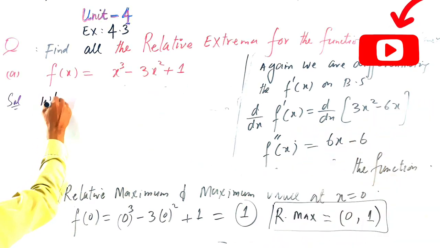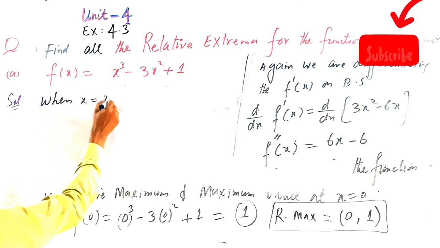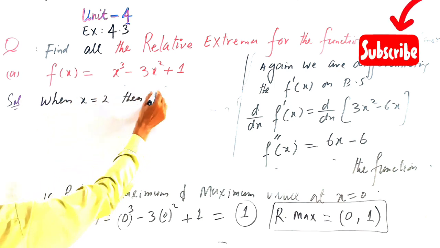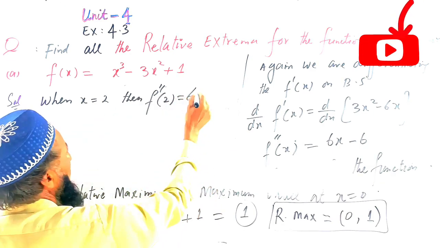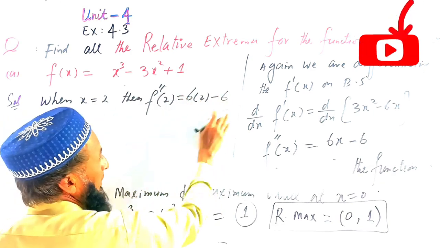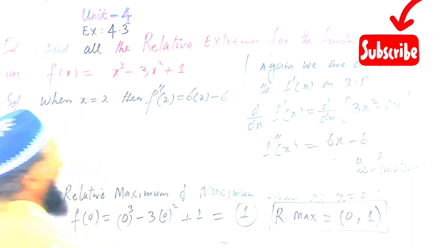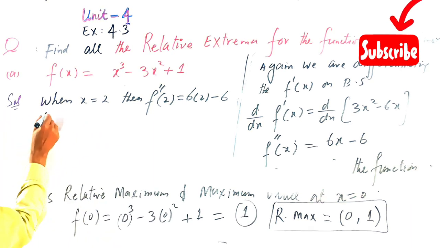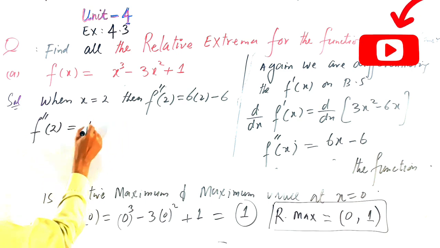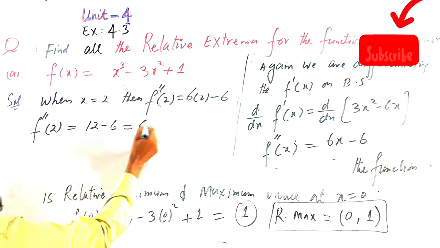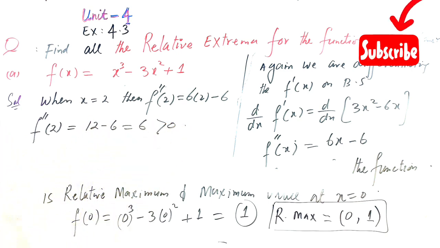When x is equal to 2, then f double dash 2 is equal to 6 into 2 minus 6. In the second derivative we replace x, and f double dash 2 is equal to 12 minus 6, we get 6, and 6 is greater than 0.